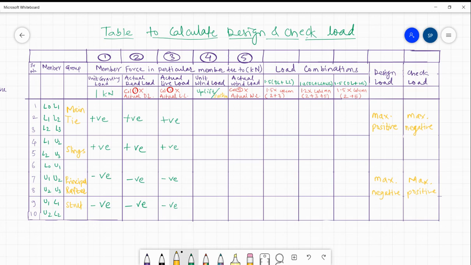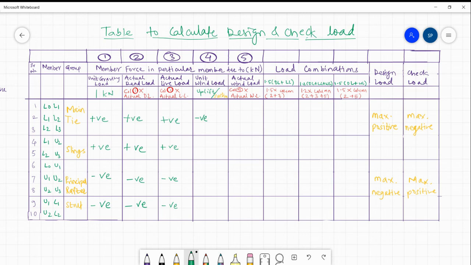Now friends, if it is an uplift force, the nature of member forces will be exactly reversed, because the members will be subjected to stress reversal. Means what? This main tie member, which was under tension due to gravity loads, will have the nature of force exactly reversed, and it will be of compression nature when the uplift pressure is applied.